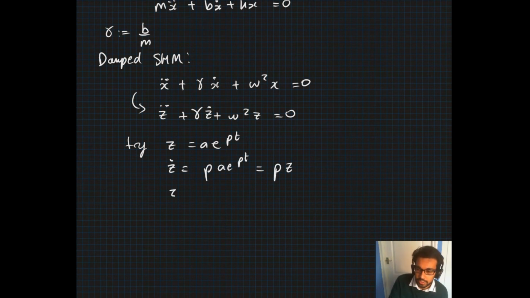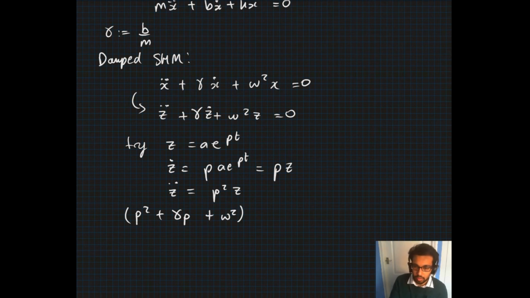And differentiating again, we get z double dot equals p squared z. Okay, so if we substitute this back into the damped simple harmonic motion equation, we find p squared plus gamma p plus omega squared, all times z, equals 0.